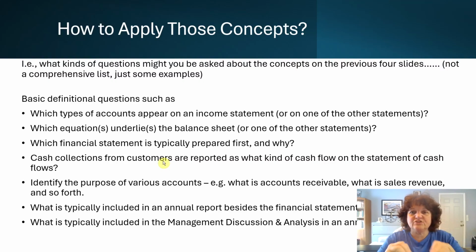Then we need to look at that and post the ending balance of retained earnings onto the balance sheet. So we do the balance sheet next. Then we do the statement of cash flows independently from the others, but we verify that cash balance between the statement of cash flows and the balance sheet. That ordering of how the financial statements are prepared is an important concept to remember.